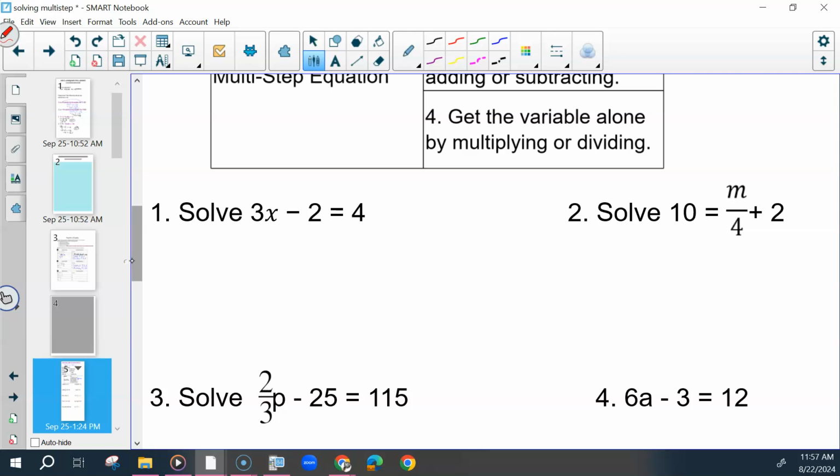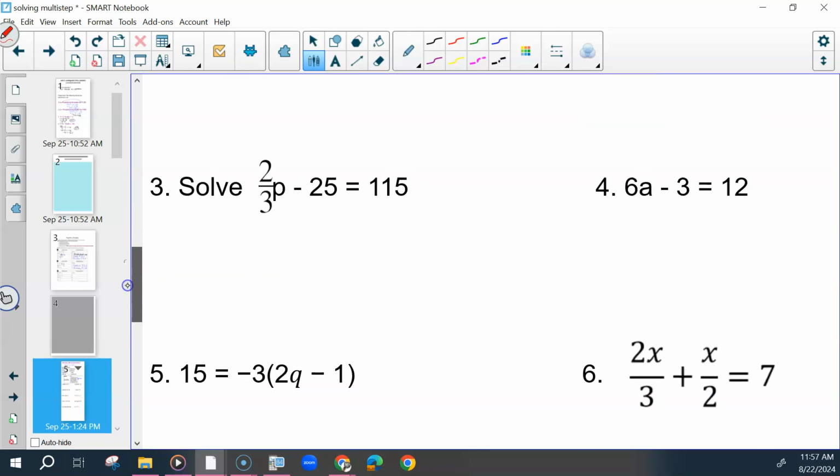If you feel like you can do all of them, that's great. But if there's one you're not sure about, this is the time to ask so we can go through it together. Yeah. Number 3. Okay. 3's a good one.